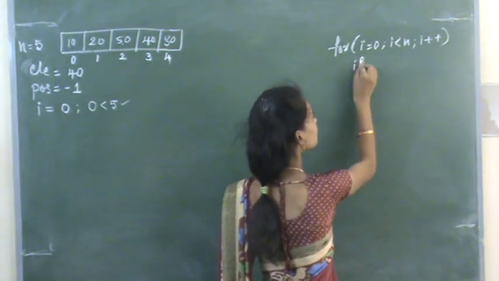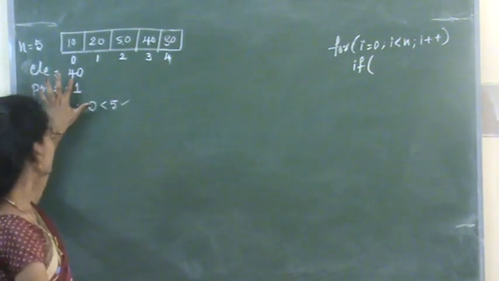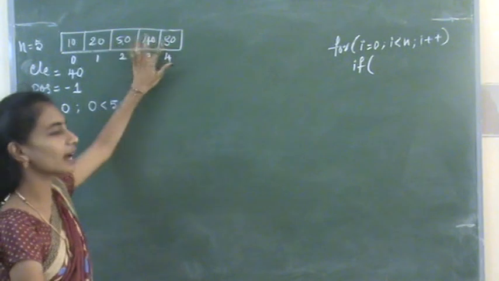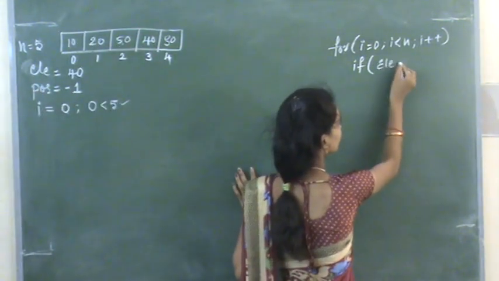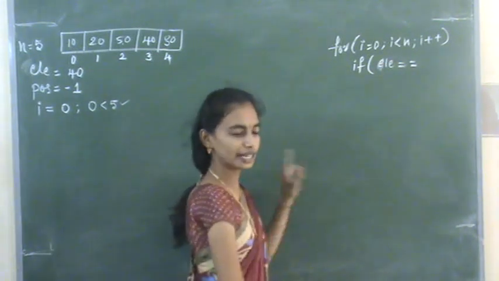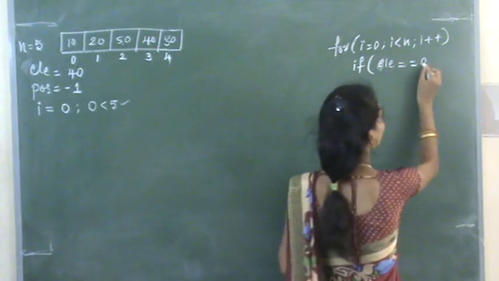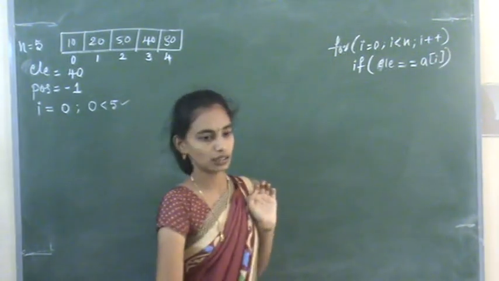In that for loop we have an if. We are comparing the search element to each and every value in the array, so ELE is equal to A of I. This is the condition we are checking in the algorithm, right?